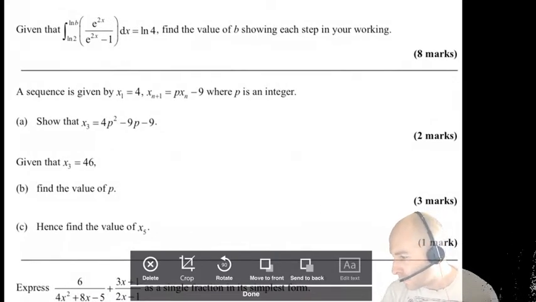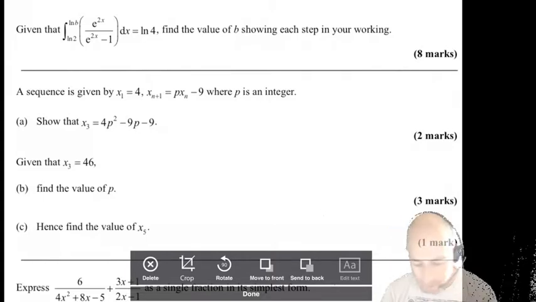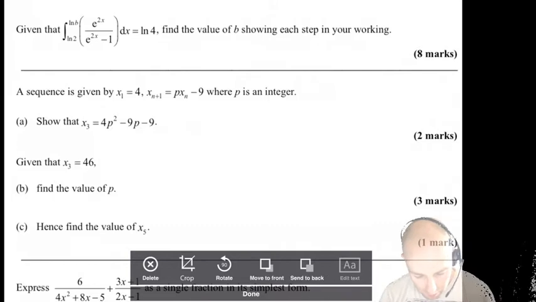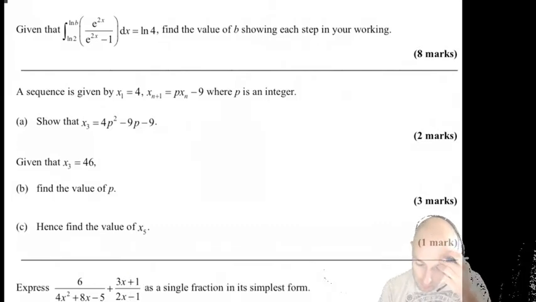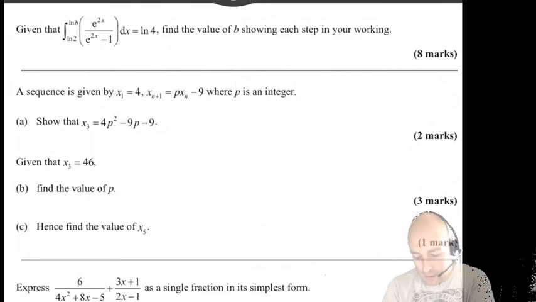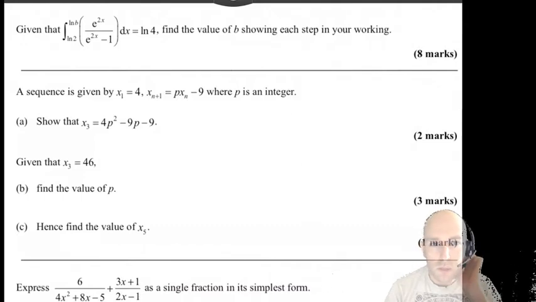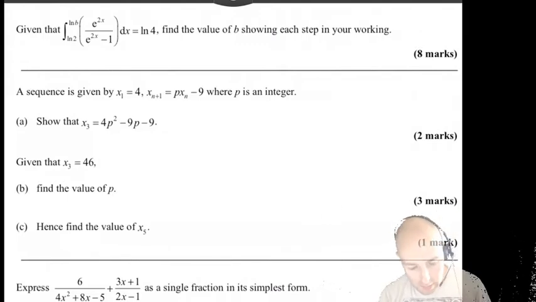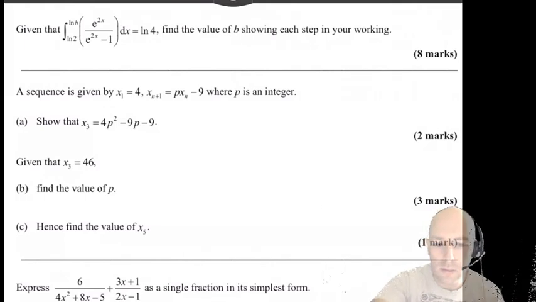Can that fit on the screen? Yeah, just about. All right, if you guys could try these two. We're talking 14 marks worth. So we've got an integral, which looks alright, and we've got a sequence and series question. So I'll give you guys 14 minutes to do these. Timer starts now.